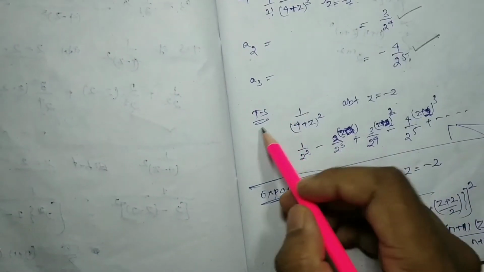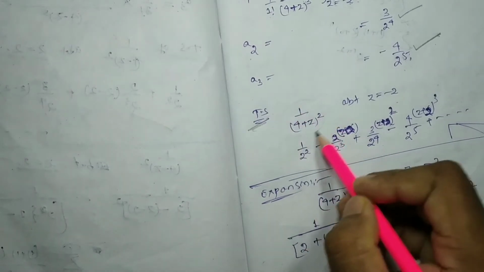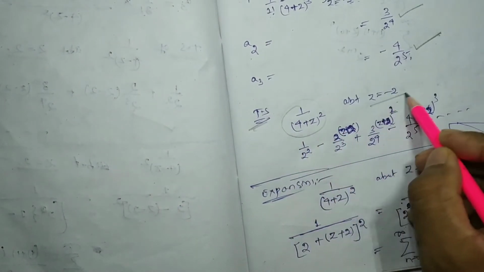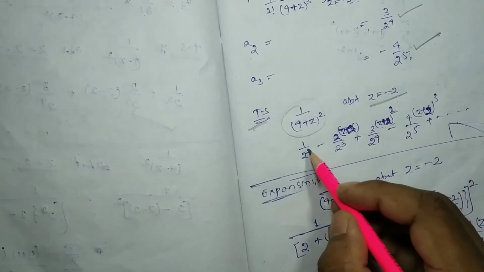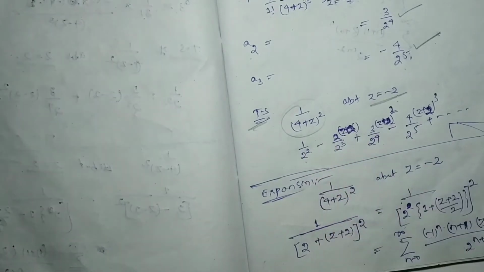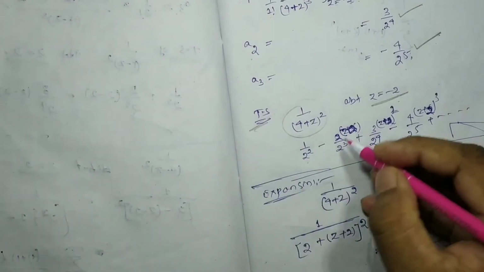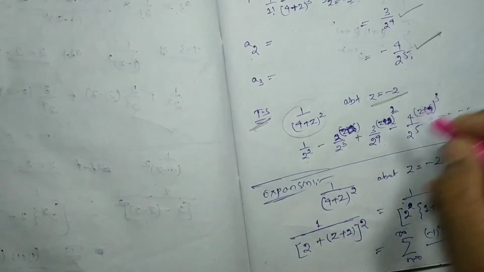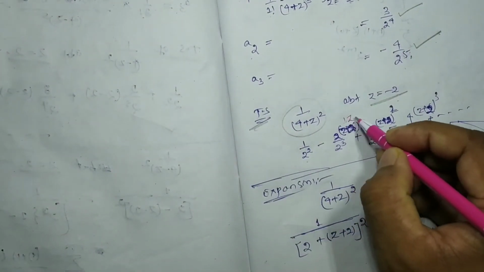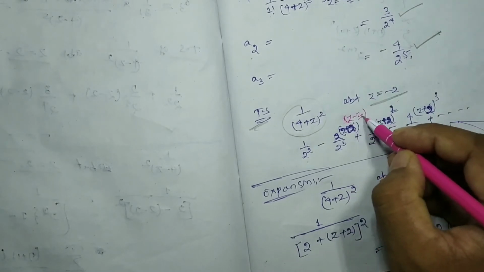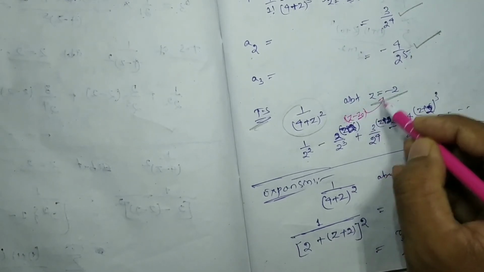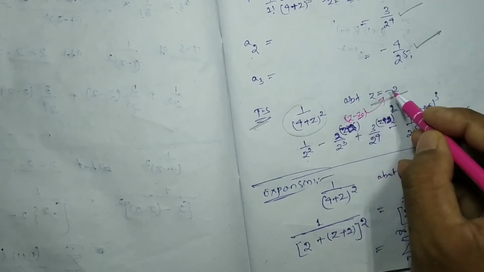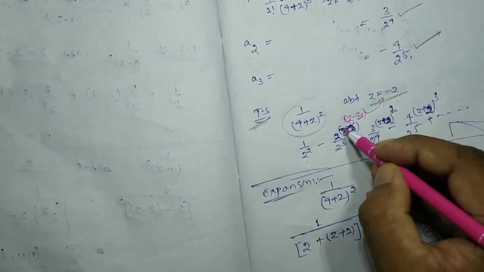So now the Taylor series of 1 by 4 plus z square about z equal to minus 2 will be 1 by 2 square minus 2 by 2 cube into z minus z0. Here we have to consider z minus z0. What is the z0 value? Z0 is minus 2, so instead of z0, putting minus 2, it will be z plus 2.